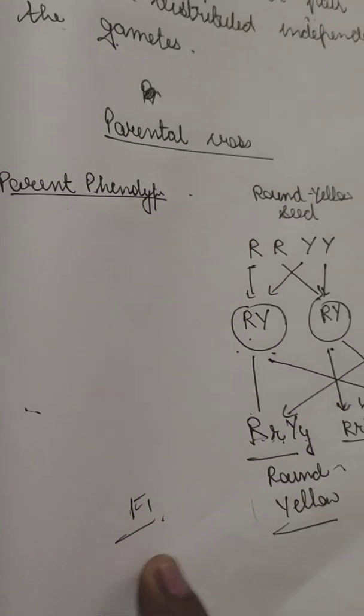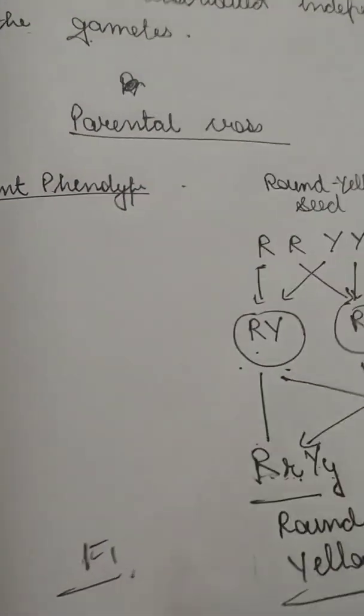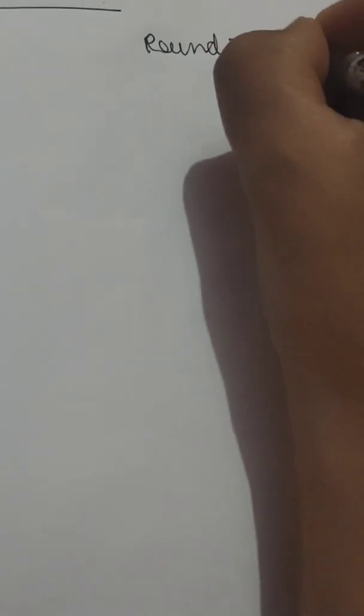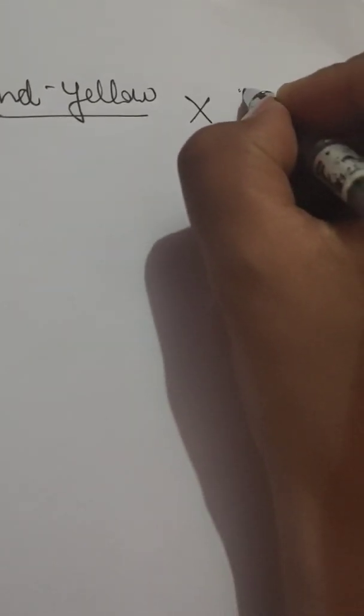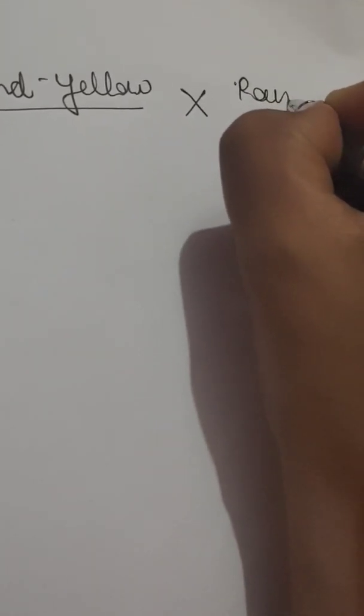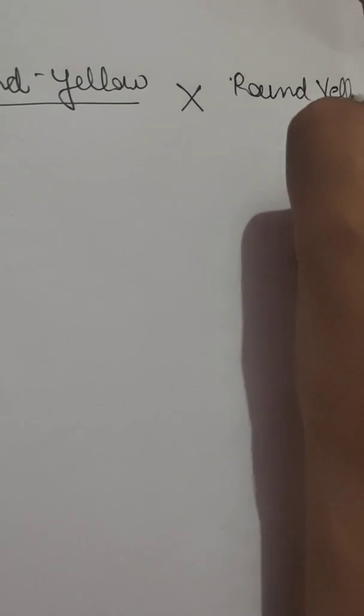Okay, now for the F1 generation, so for F2 generation, the F1 cross will take first this. The F1 generation phenotype is the plants having round and yellow seeds, because we only got round and yellow seeds in both the things, so it will be crossed with the round and yellow seeds.